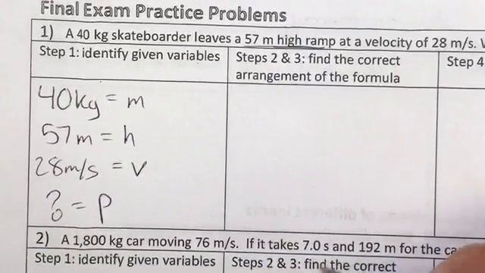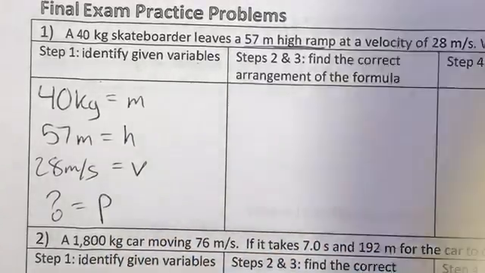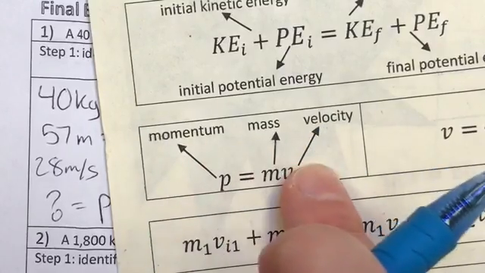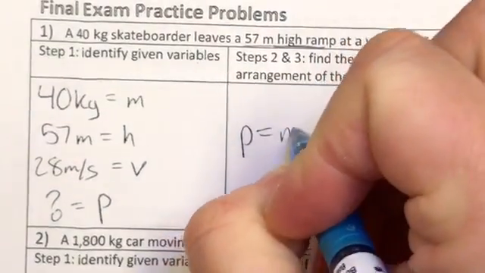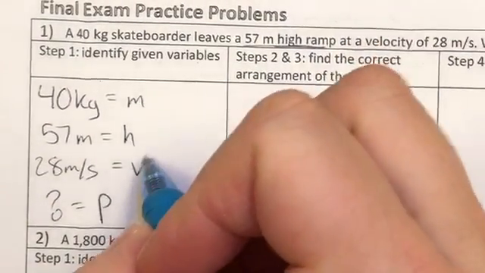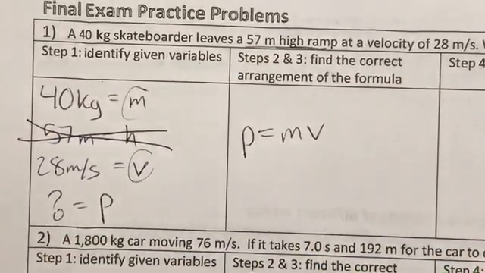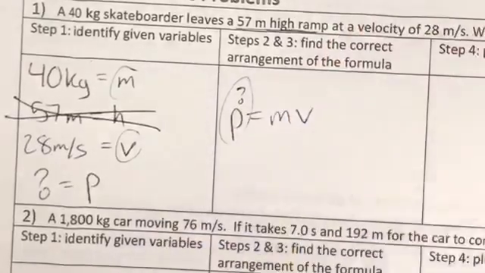All right. Now, formula for momentum, and the only formula that I've given you that has momentum in it, right there in the formula chart, momentum is mass times velocity. Momentum, mass times velocity. Well, we have mass, we have velocity. Guess what, that height? Extra unnecessary information. All right, if momentum is my question, do I need to arrange the formula?